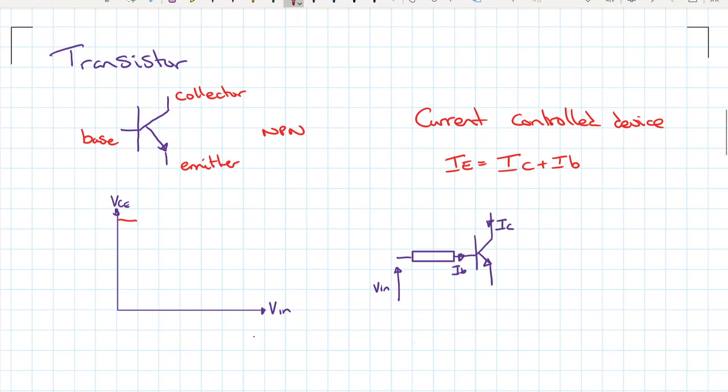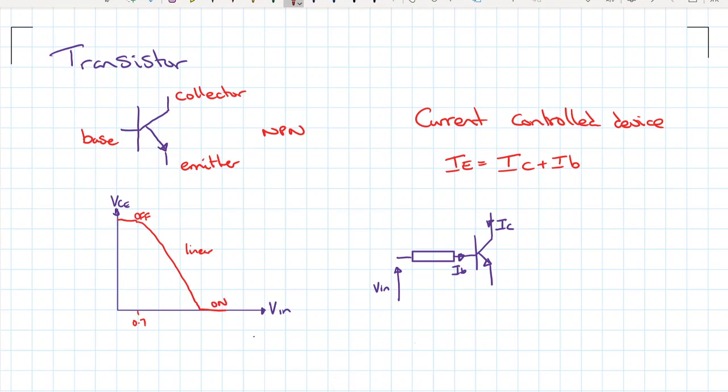approximately 0.7 volt. The reason why approximately 0.7 volt is because we always assume for a transistor to switch on there needs to be about 0.7 of a volt just here. So we approximate and say as soon as V in gets to approximately 0.7 of a volt, the transistor goes from being off to then on, and it follows a linear path.